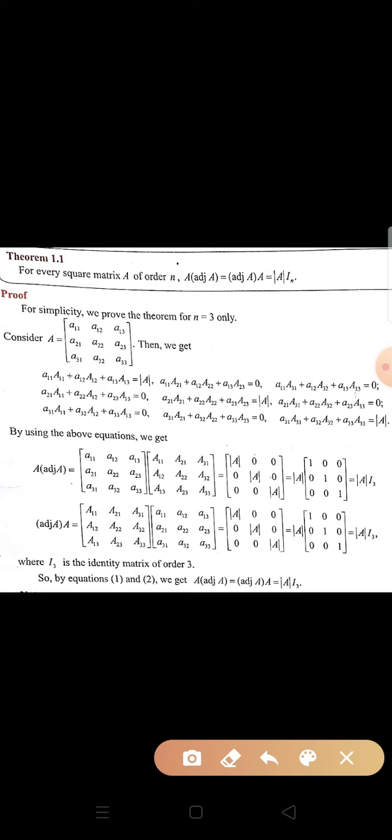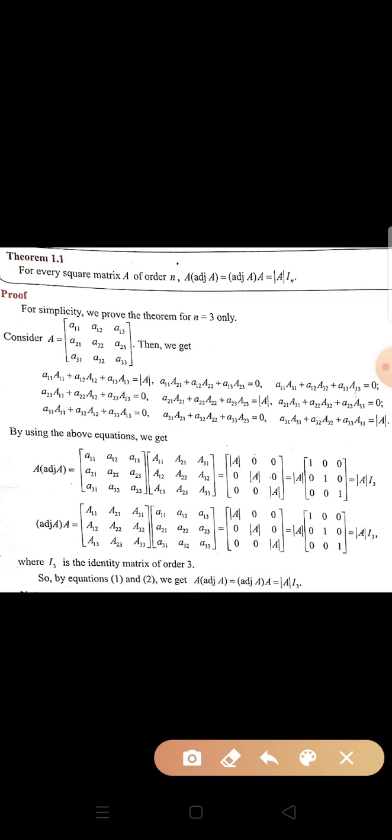Now our proof. For simplicity, we prove the theorem for n equal to 3 only. N equal to 3 means a square matrix of order 3. Now consider A, the usual matrix with entries a11, a12, a13, a21, a22, a23, a31, a32, a33.